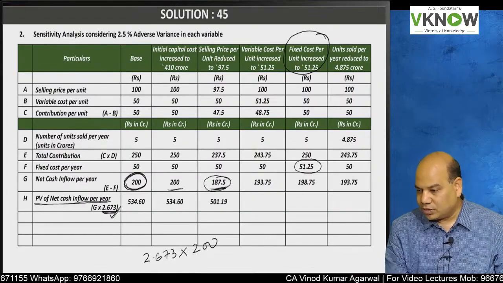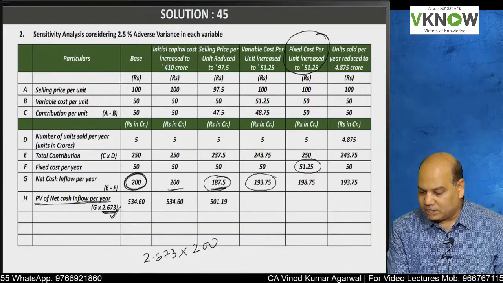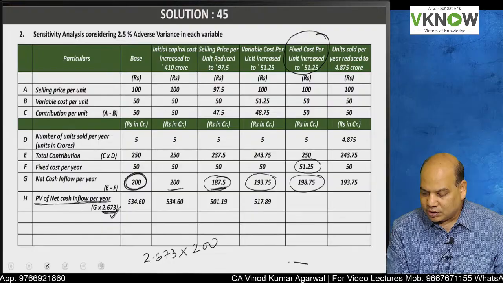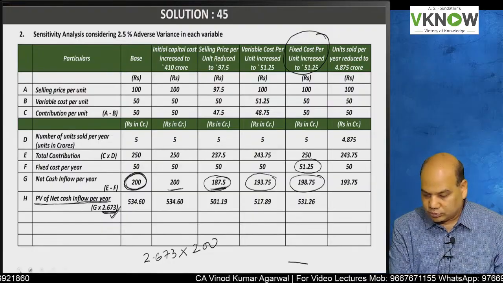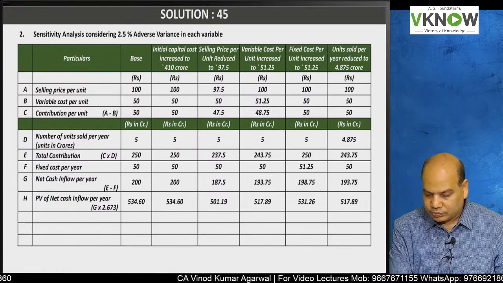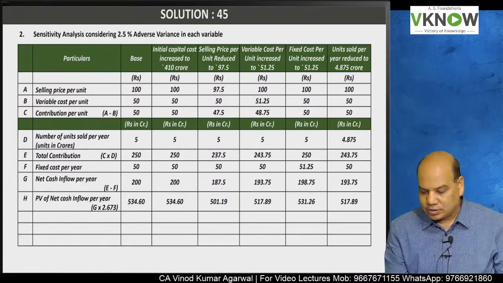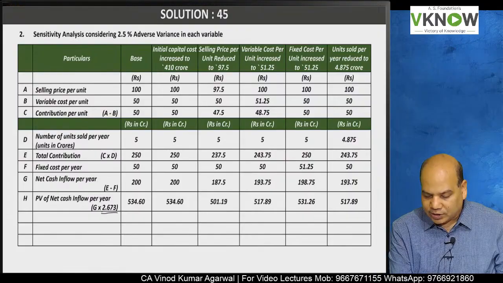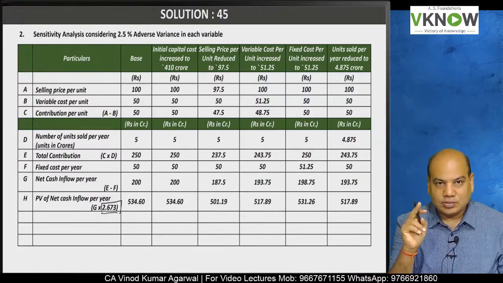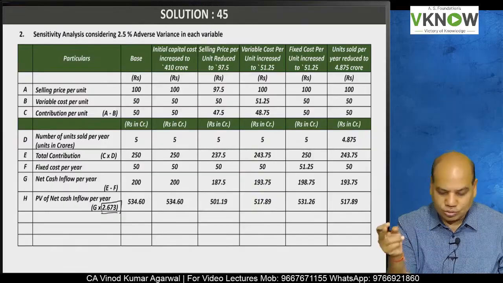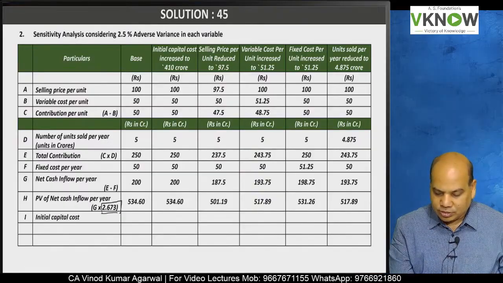You will get 501.19. Type this number, press equal to. This way you can do it fast. When you have to multiply by the same number, in the first calculation, use that number first into the other number.